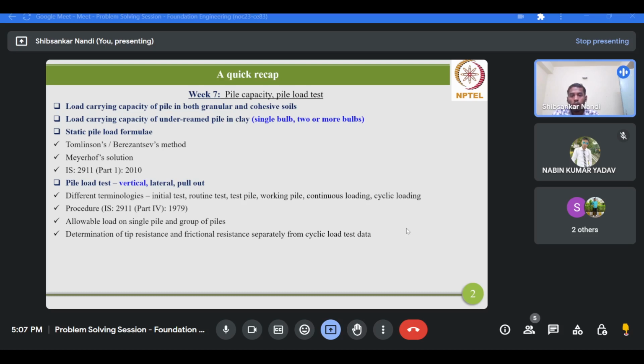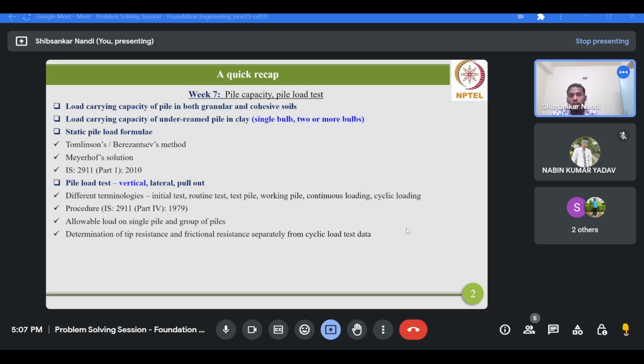Just for a brief explanation, the initial test is usually performed on a test pile, and this test pile does not come under the superstructure. That means the test pile doesn't bear the load coming from the superstructure.